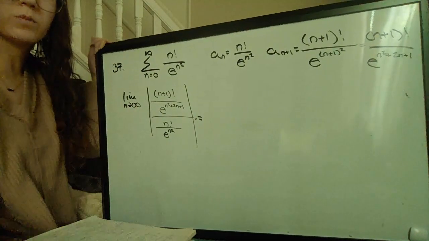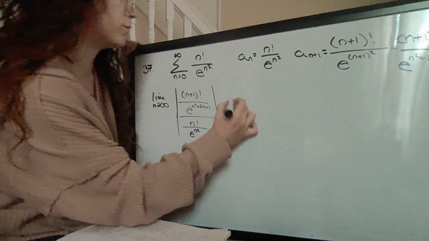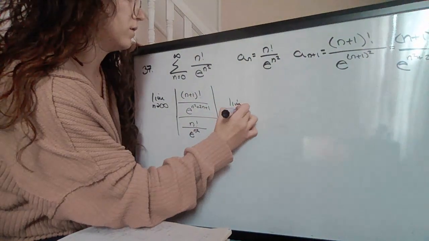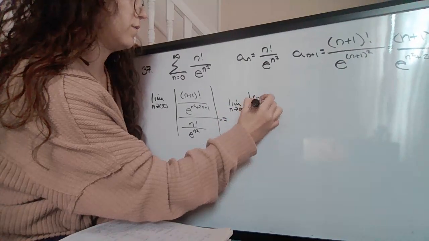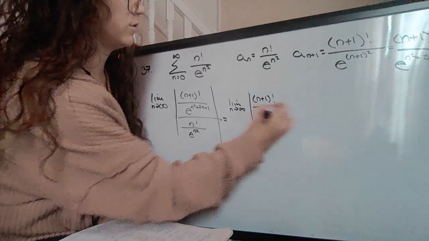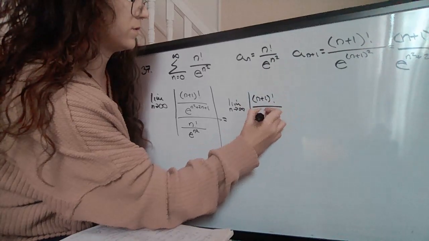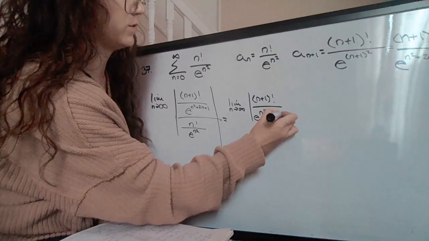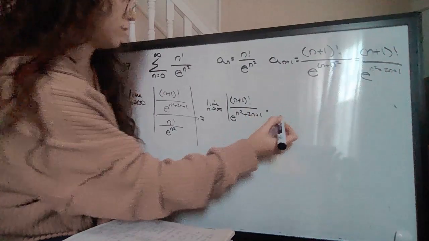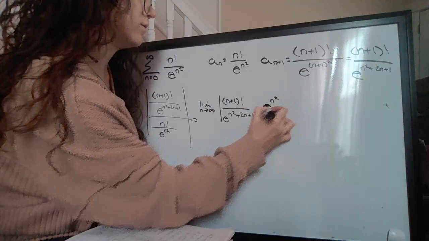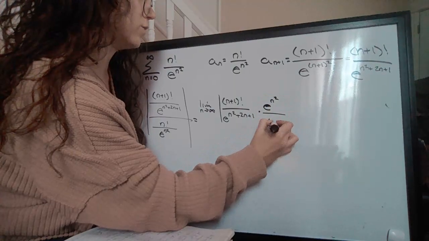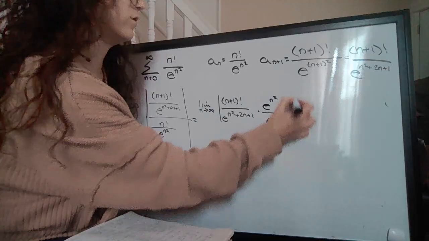Complex fraction, so I can multiply by my reciprocal. So that will end up being limit of n+1 factorial over e to the n squared plus 2n plus 1 times the reciprocal, e to the n squared, and then this will be n factorial.